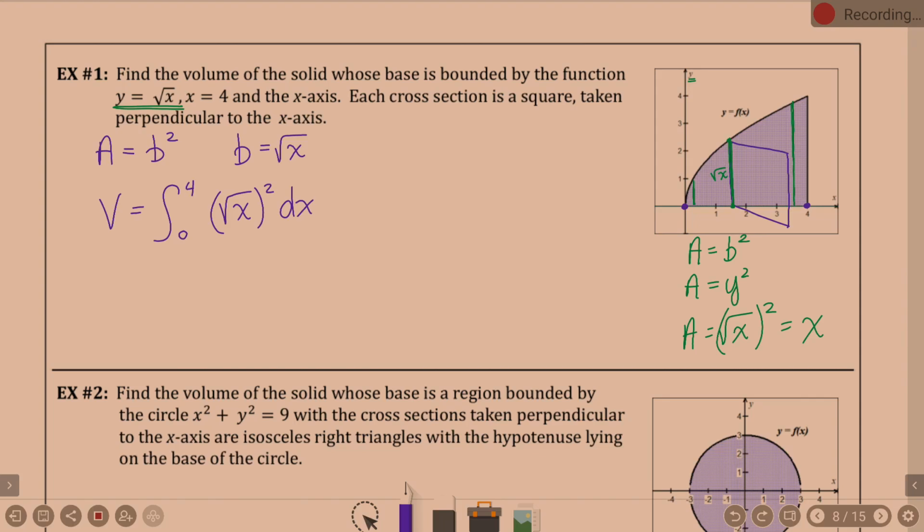So yes, we are really doing the integral from 0 to 4 of x dx when you clean that up. And let's integrate. What's the integral of x? 1? No. Integral, not derivative, right? 1/2 x squared evaluated from 0 to 4.